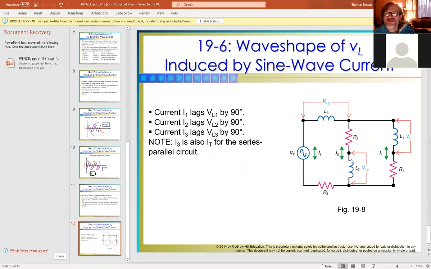Current lags BL2 by 90 degrees. And then finally, we look at I3, which would be kind of like our I total, if you will. But again, current is lagging BL3 by 90 degrees. It's a specific reaction of these inductors. That's what they do. They oppose the current, and every single time we'll be out of phase by that 90 degrees. So always keep that in mind when we look at these circuits.